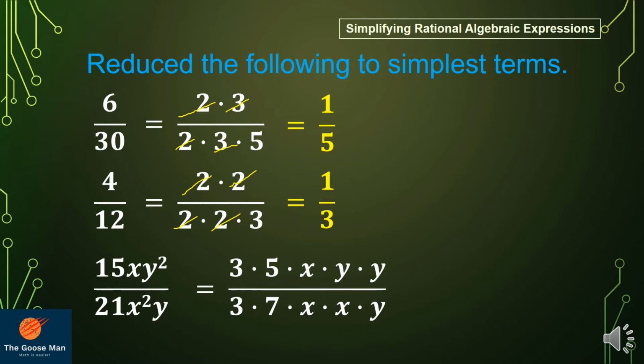So I can factor out here 3, and we have x and y. What we have in the numerator is simply 5 and y. So multiply that as 5y all over 7 times x. So the final answer is 5y all over 7x.